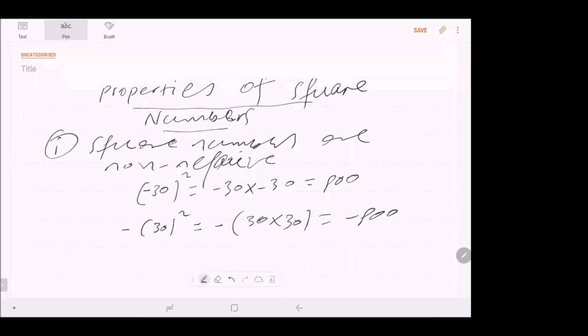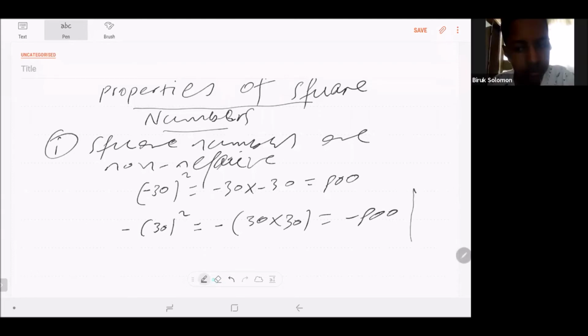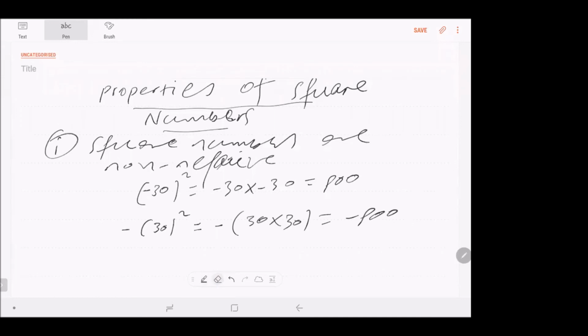So these two expressions are totally different. So this is the first property: square numbers are all non-negative. Is that clear? Yes. Okay.